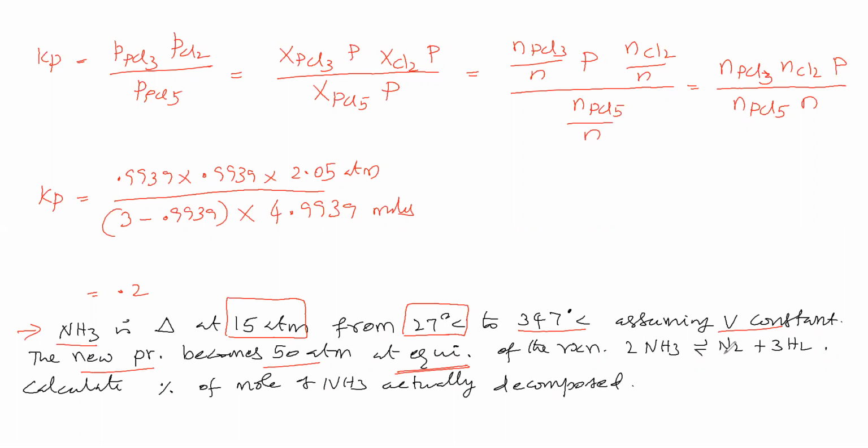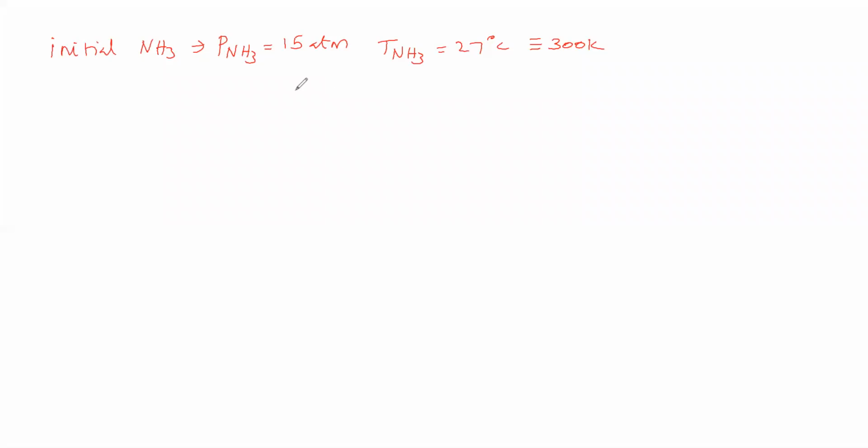Now we will take this ammonia to 347 degrees Celsius while it attains equilibrium because of this reaction. Ammonia gives N2 gas plus 3H2 gas.